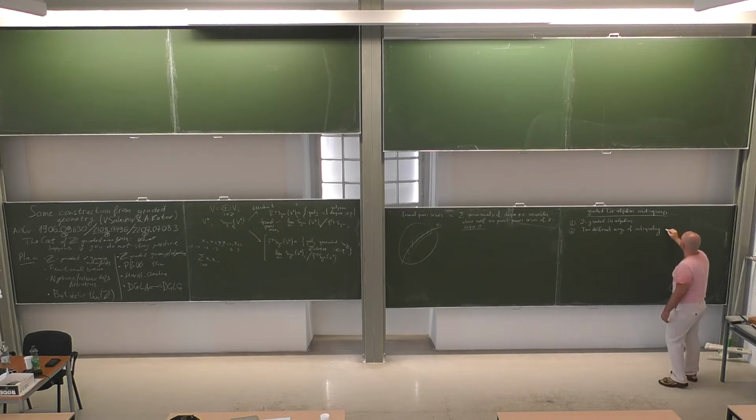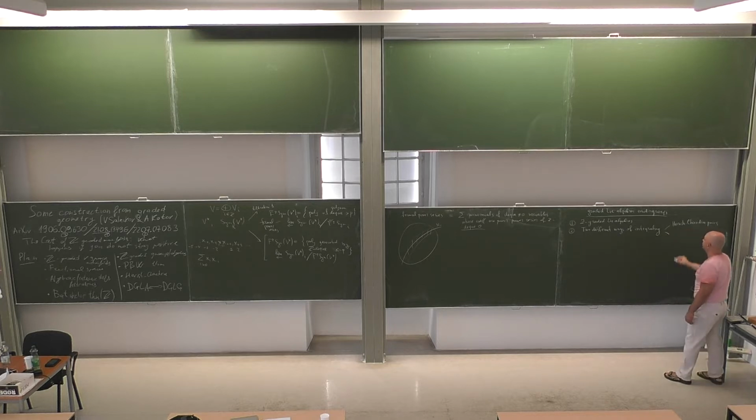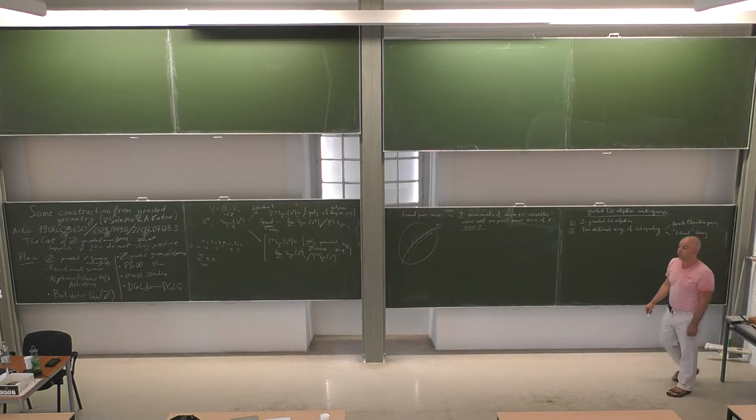One is what is called Harish-Chandra pairs. And another one is, let me call it, a global theory. I will explain what it means. Which, by the way, may also employ Harish-Chandra pairs, but in a somewhat different context.